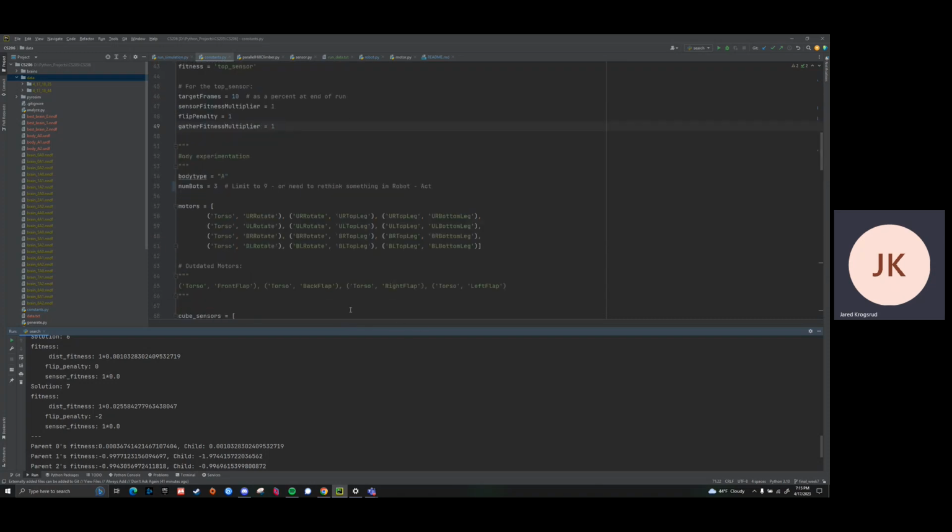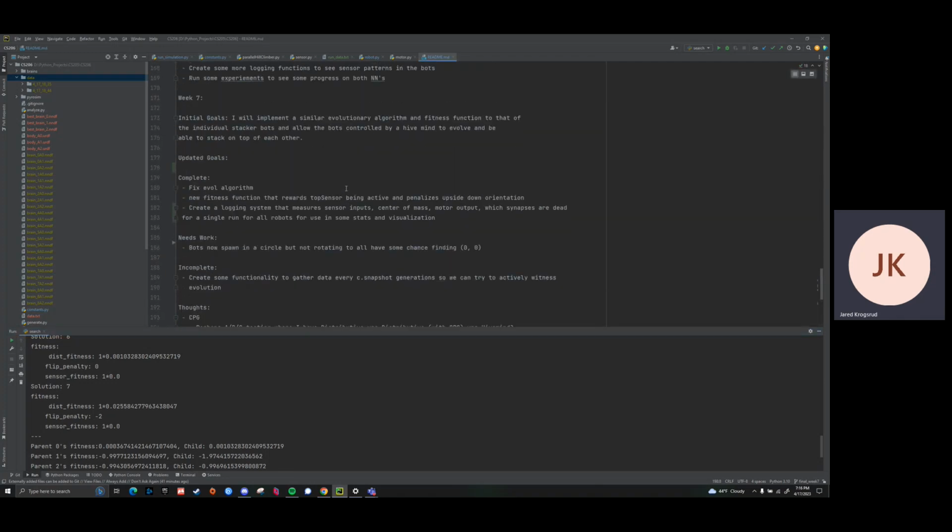This week, I was originally planning on implementing a similar evolutionary algorithm and fitness function for my hive mind, but I kind of completed that when I was making the hive mind. I managed to do both at the same time.